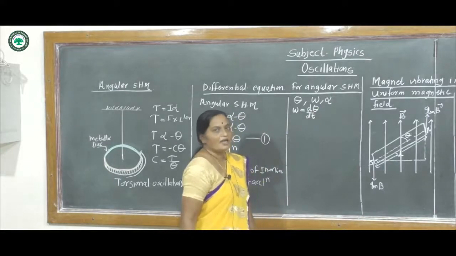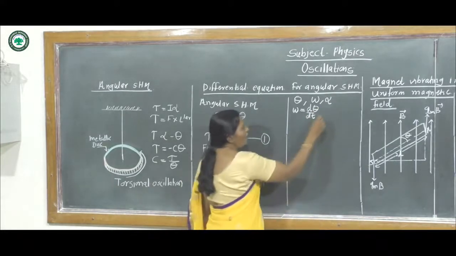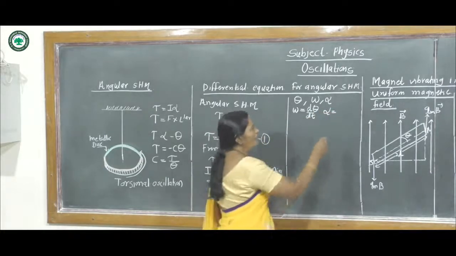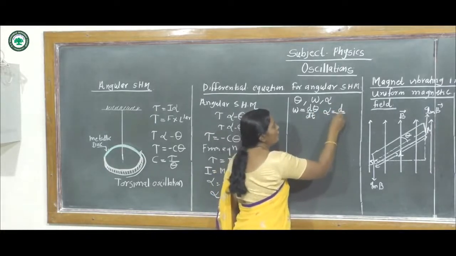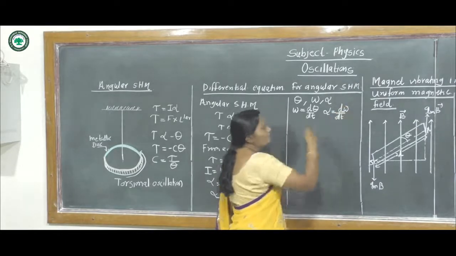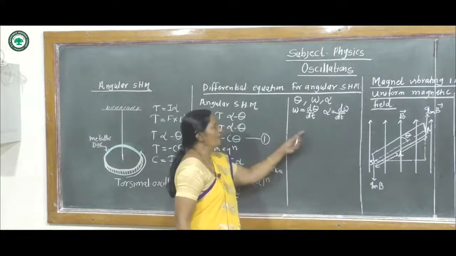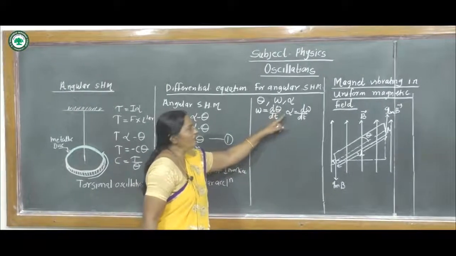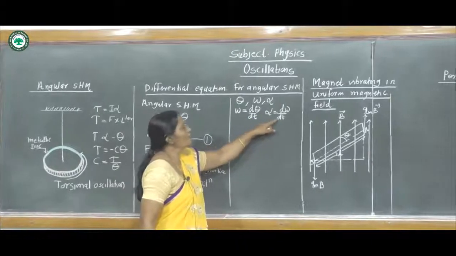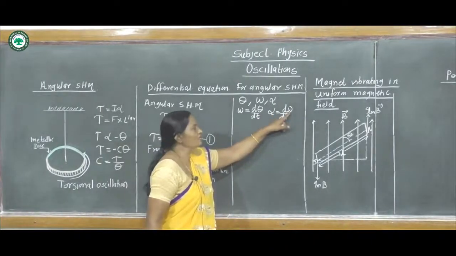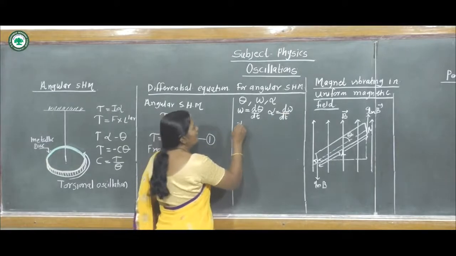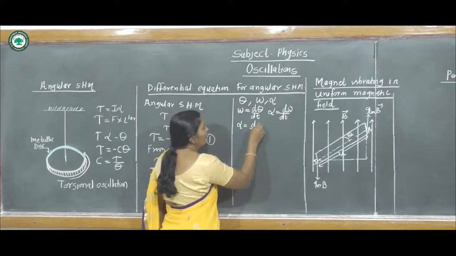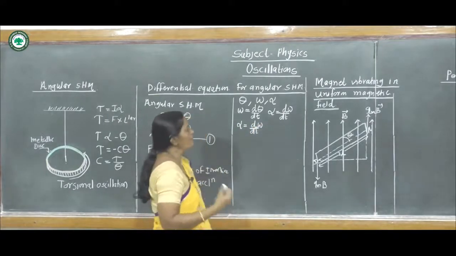Alpha, the angular acceleration, is the rate of change of angular velocity. By definition, angular velocity is the rate of change of angular displacement, and angular acceleration is the rate of change of angular velocity. Thus alpha can be written as alpha is equal to d by dt of omega.